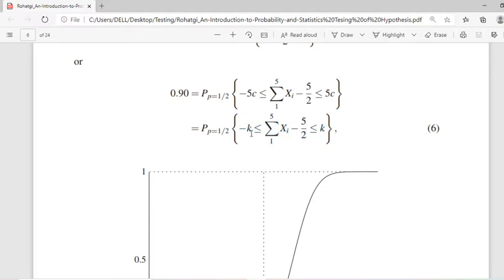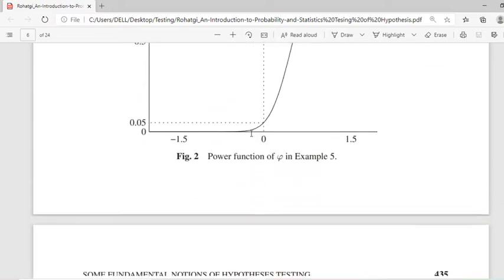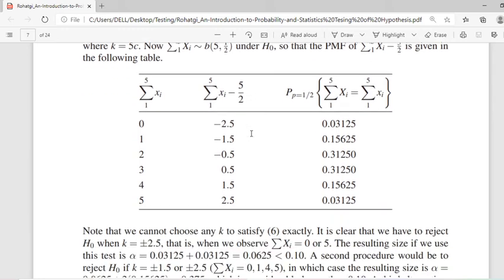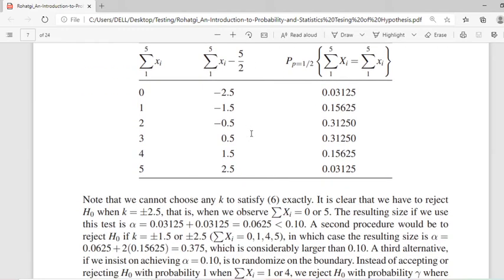So what would be the value of summation xi for the rejection? Summation xi should be 0 or 5. In that case we have only this probability, and this is less than 0.1.